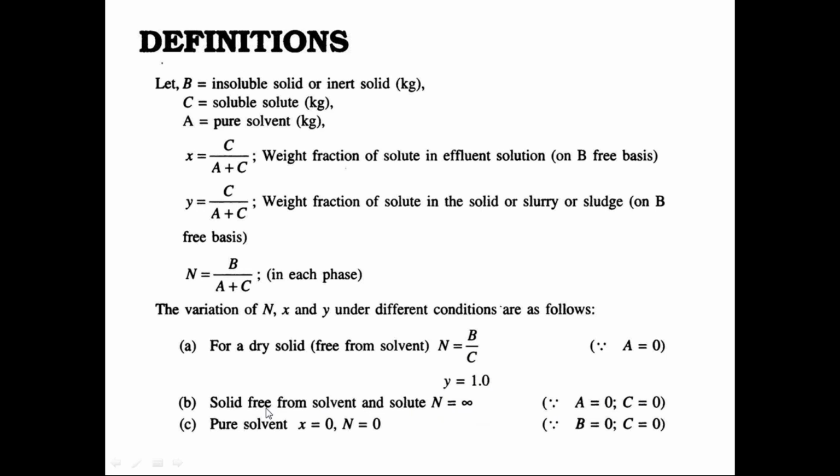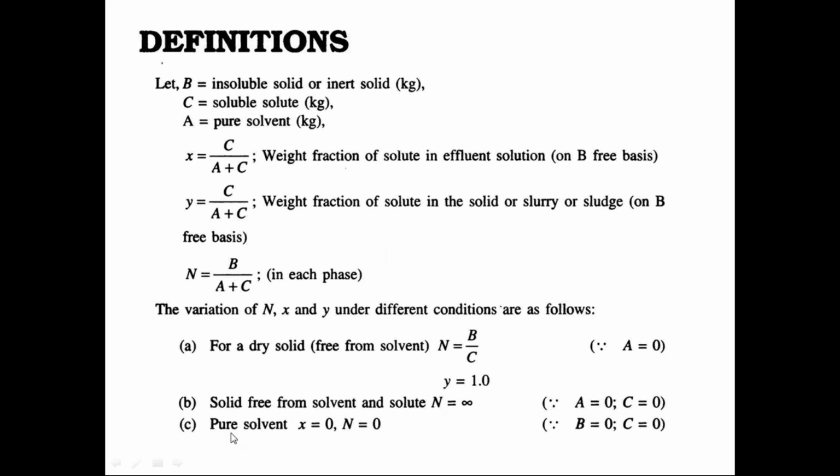If somebody says that the solid is free from solvent and solute, then N will become infinite. This condition happens when you are able to remove the complete solute, and also dry the solid without any solvent. Such a case never occurs, but if it is there, then N will become infinite.